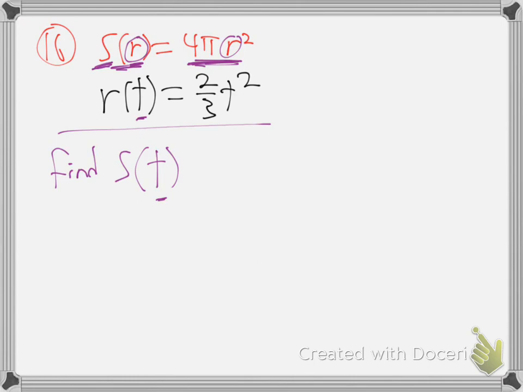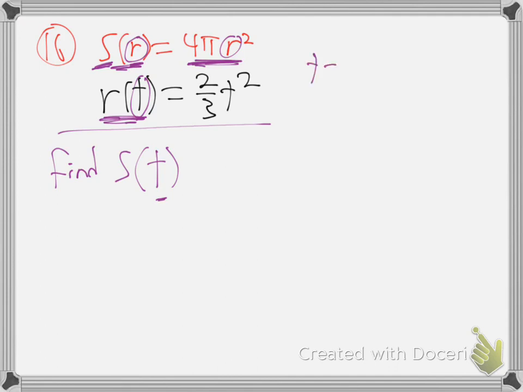And then the second function here, this is radius as a function of time in seconds. So they're filling up the hot air balloon with an air compressor. They're blowing air into the hot air balloon to fill it up. And basically it gets more and more full. The radius grows and grows and grows over time.